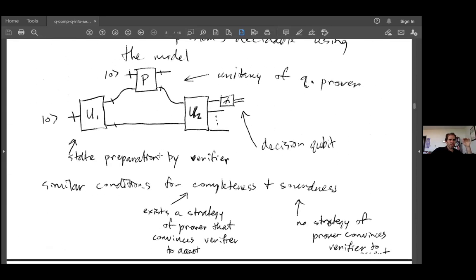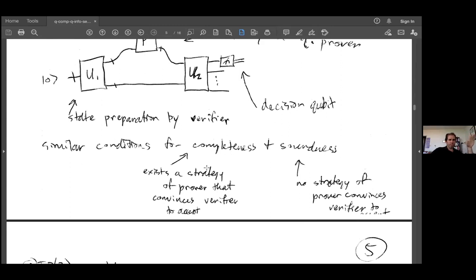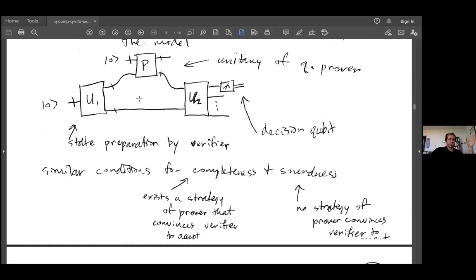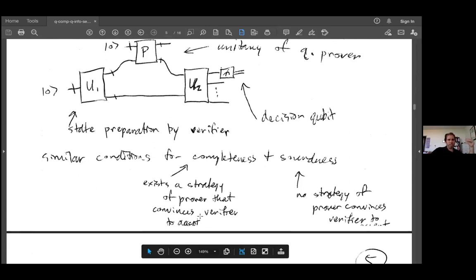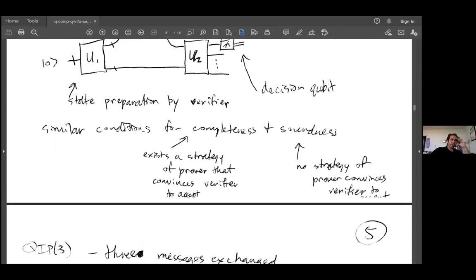Okay. And then there are similar conditions for completeness and soundness. Completeness is that there exists a strategy of the prover. The strategy is a unitary that will convince the verifier to accept when the verifier should accept. And soundness is that no strategy of the prover will convince the verifier to accept when the verifier should not accept.